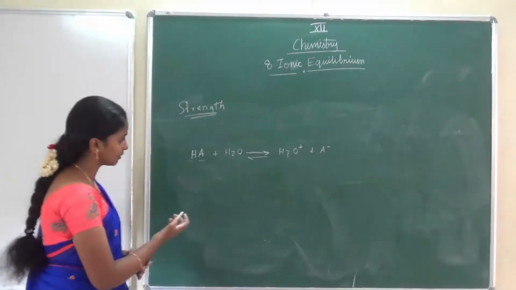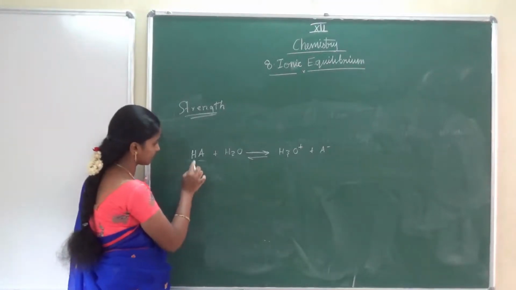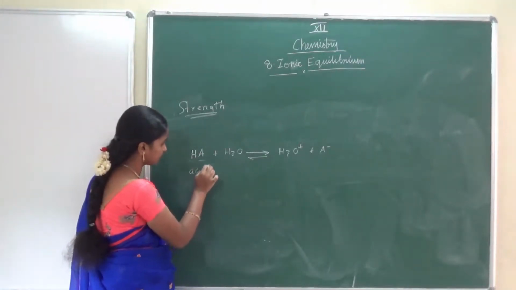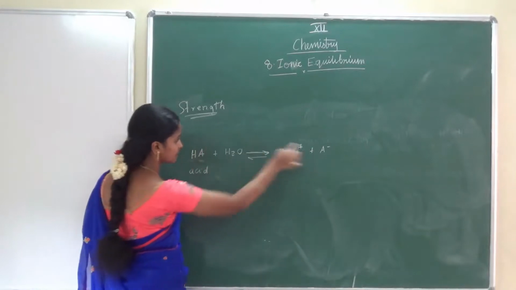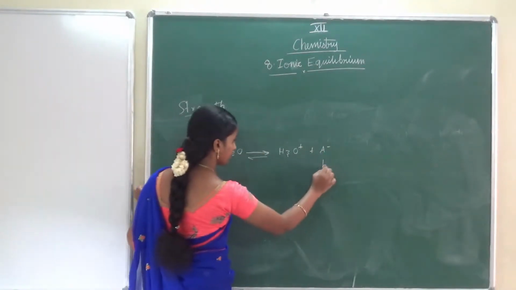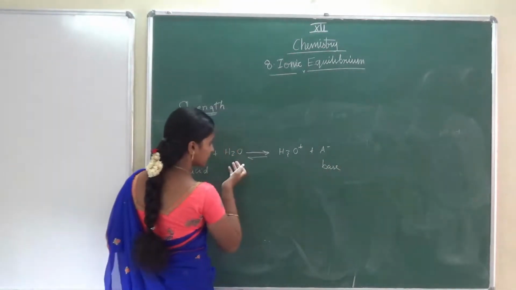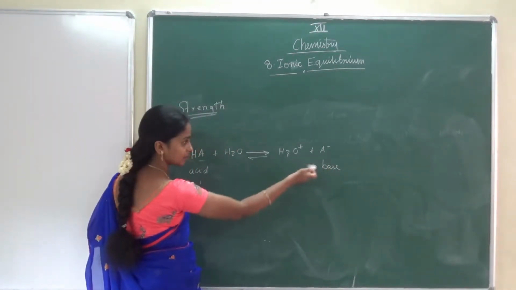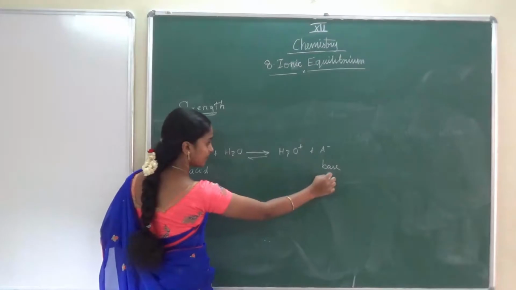First let us write the acid concept here. This is acid 1. From this acid, what is released? A minus. Acid 1 means then it is base 1, because in the equilibrium reaction it is going to accept H plus, so it can act as a base.